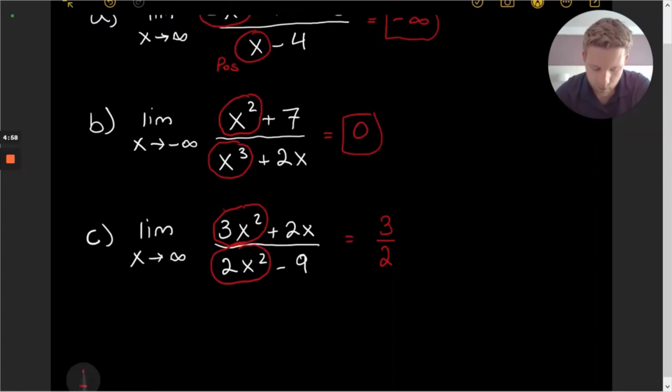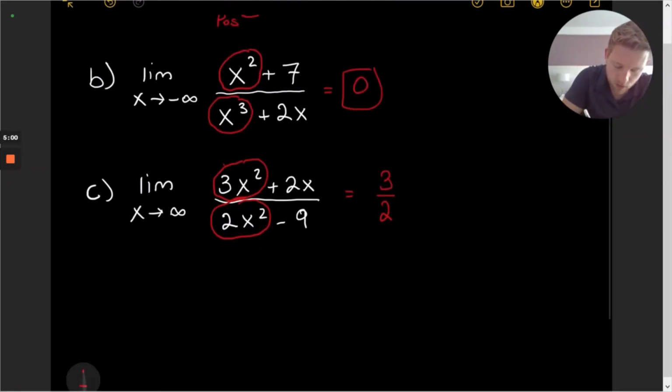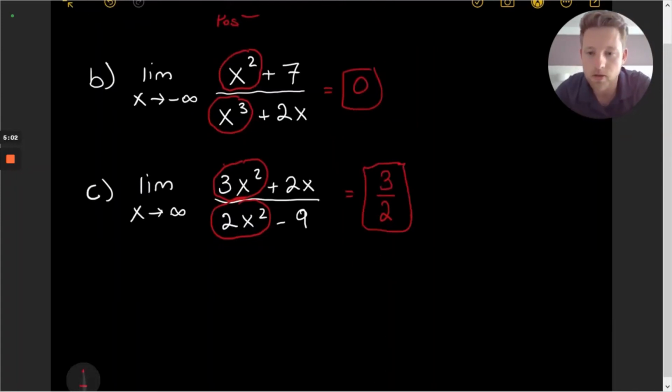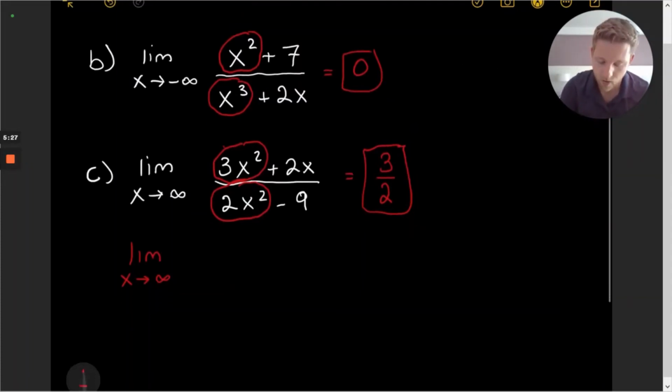Just to give a little bit more rigor to that result, let me give you a more algebraic explanation of 3 over 2. If we consider this limit and rearrange some terms a little bit, let's consider dividing all of the terms in our function here by x squared, that leading power.